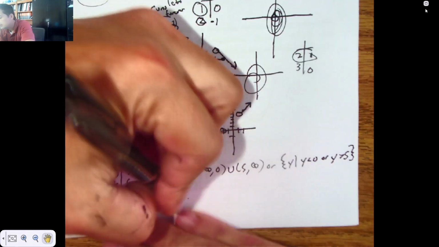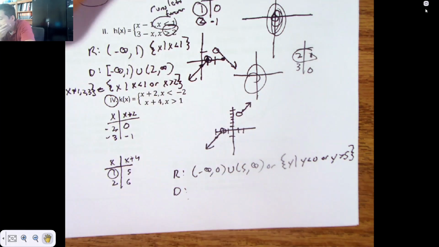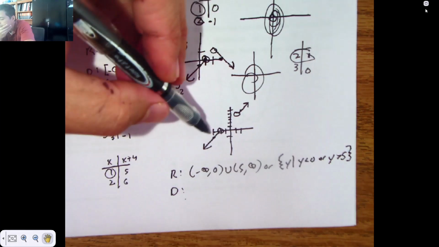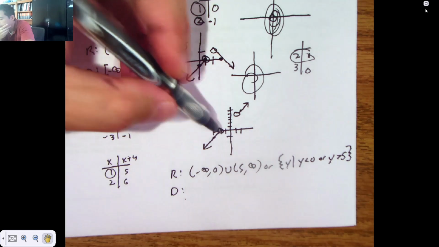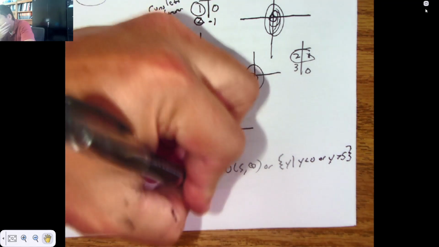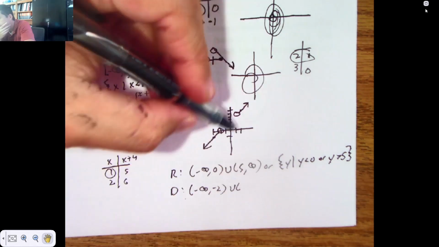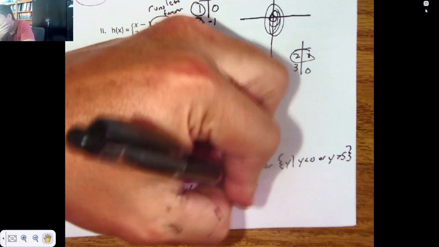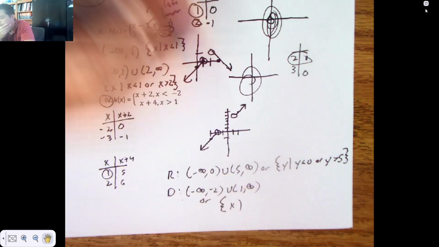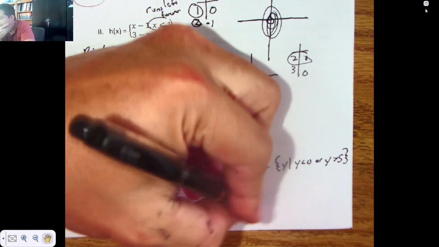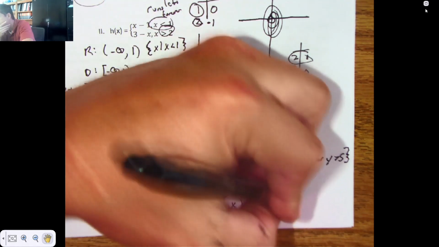That works. The domain of this bad boy is going to be -infinity all the way up to -2, unioned with 1 to infinity. Or if you like your set builder notation, all values of x such that x is less than -2 or x is greater than 1.